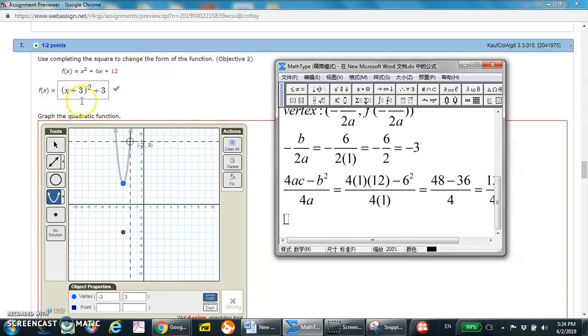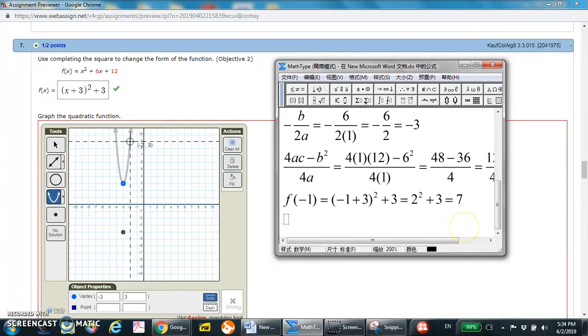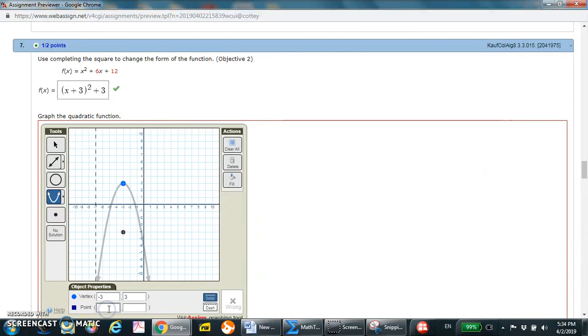What about I choose x to be -1? If x is -1, then this is -1 plus 3 squared plus 3. So that is 2 squared plus 3, which is 4 plus 3, so 7. So if x is -1, then y is gonna be 7. And because these two numbers are within -10 and +10, we can use them.